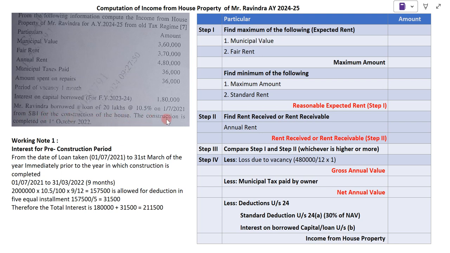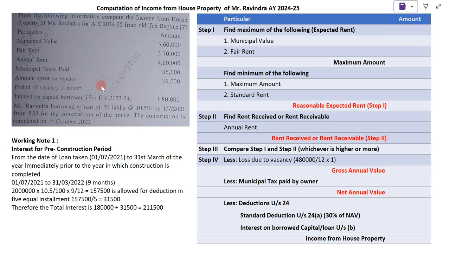The construction was completed on 1st October 2022. So Mr. Ravindra has borrowed a loan of 20 lakhs and the interest is 10.5%. Here we have to calculate how much is the interest payable on capital borrowed.